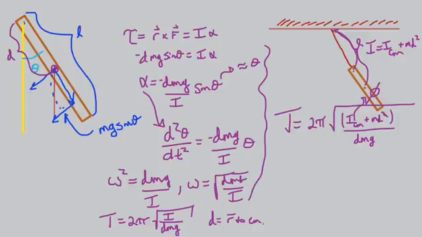Well, that cancels with that d, and that m cancels with that m, and so we're left with d over g, but d was the length of the string, and so our period becomes 2 pi square root of L over g, which should look really familiar because that's what we had for a regular pendulum.